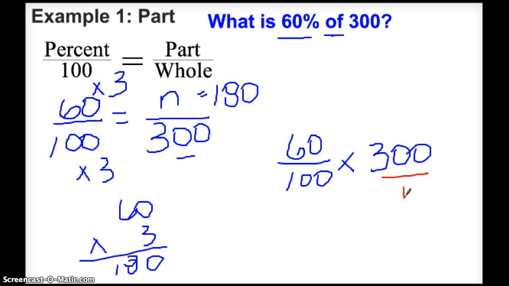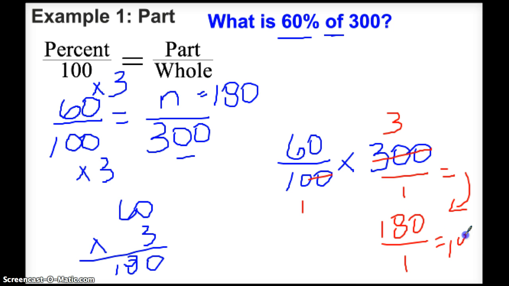And now I would simplify first. I'm going to simplify the 100 and the 300 by dividing by 100, which is going to give me 1 and 3. So my answer is 1 times 1 is 1, and then 60 times 3, well, we already know that, is 180 over 1, which simplifies to 180. So that's another way you can do it.